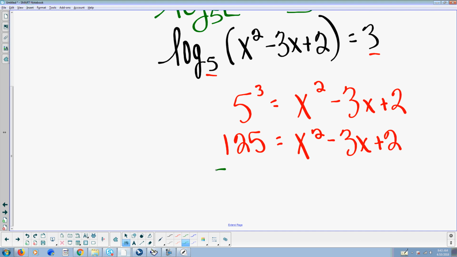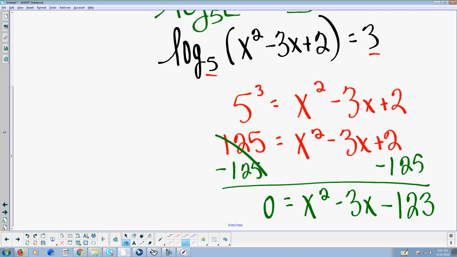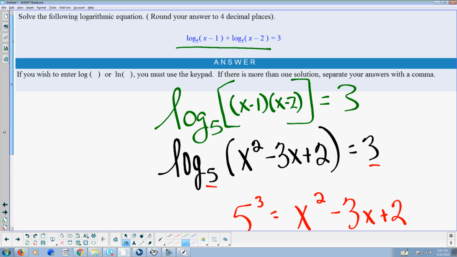I'm going to subtract 125 from both sides. So 0 is equal to x squared minus 3x minus 123. Is that right?